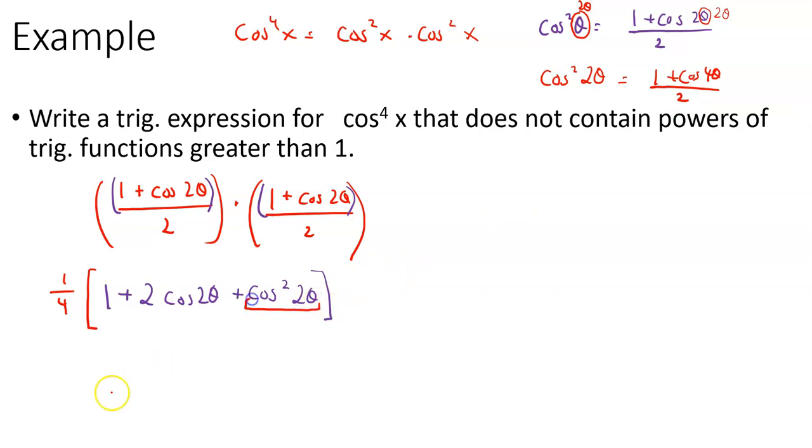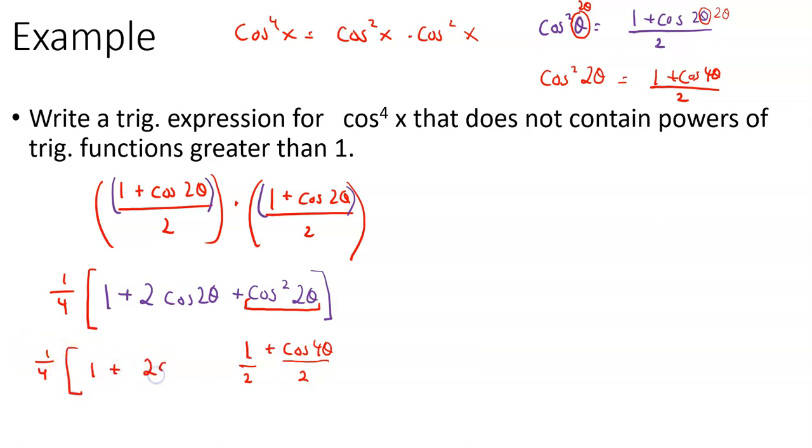I'm going to replace this thing with a 1 plus cosine of 4 theta over 2. Except when I do that, instead of putting the whole thing over 2, I'm going to separate it like that. And I'll show you why in a minute.